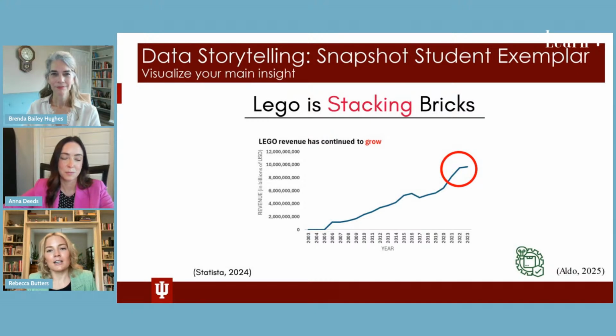This is very easy to see. She's put a big red circle around where she wants us to focus. We have a great takeaway title that's catchy. So highly impactful visual that we can just simply see and understand instead of devoting a lot of energy to understand. Yeah. Lego is growing.